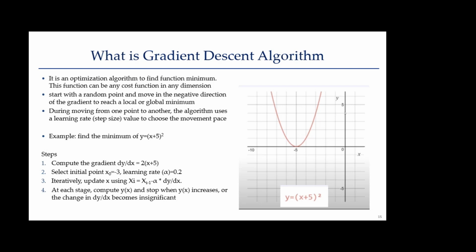The gradient algorithm starts with a random point in the function we're trying to find the minimum for, and keeps moving in the negative direction of the loss increase. So basically, we need to calculate the loss. We need to figure out the direction of the loss increase, and then we change the parameter of our function in the opposite direction of the loss increase.